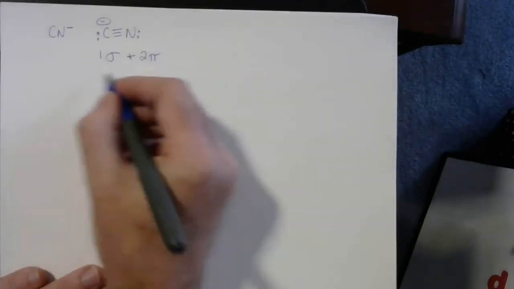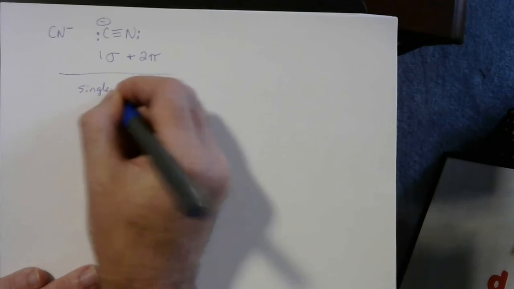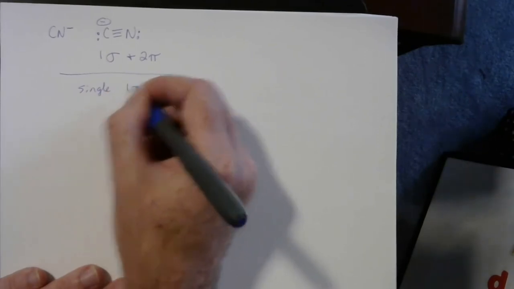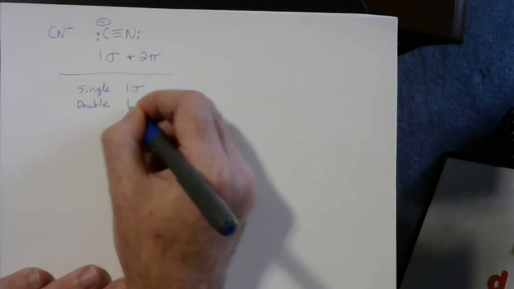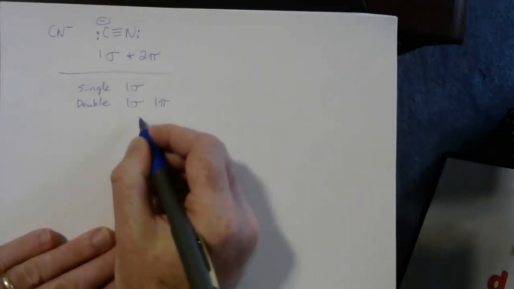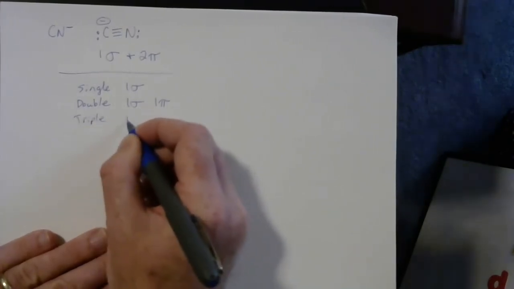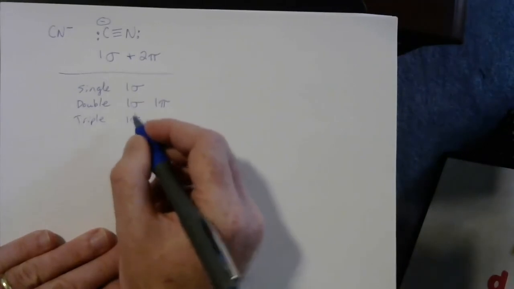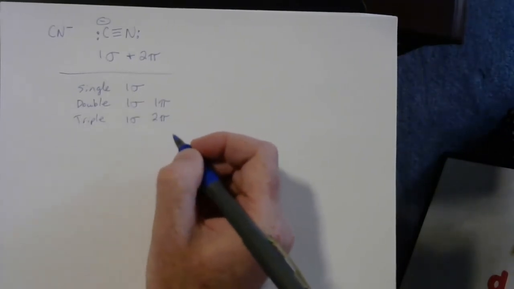And just to summarize that, for every single bond you have, there is 1 sigma bond. The double bonds, there's going to be 1 sigma and 1 pi, because I have to share 1 either in the front and the back, or the top and the bottom. So the triple is going to be 1 sigma. You never really get above 1 sigma per bond, but it's going to be 2 pi's.